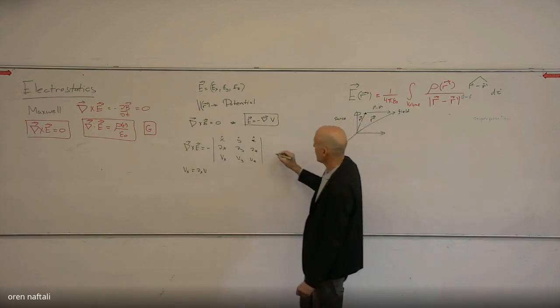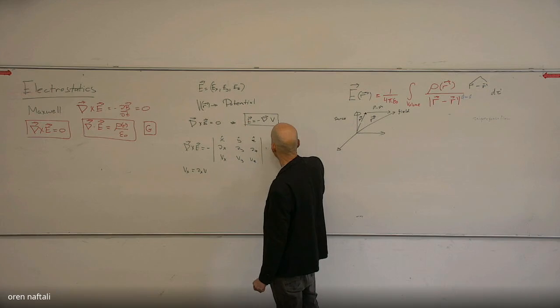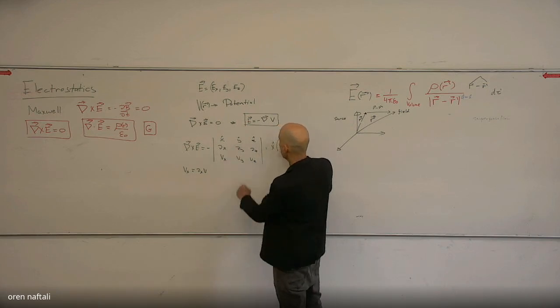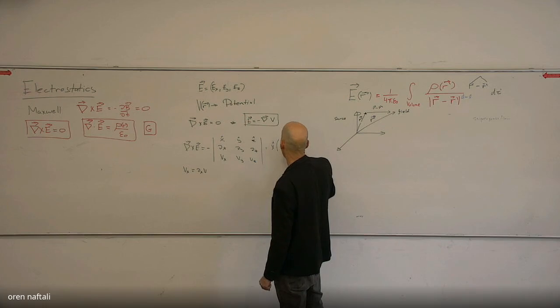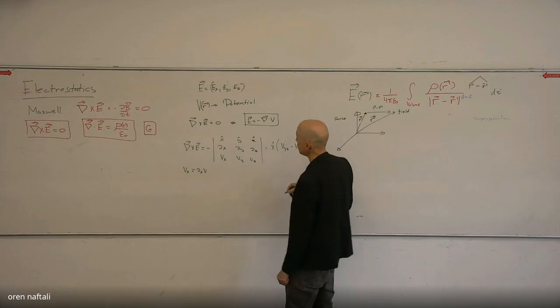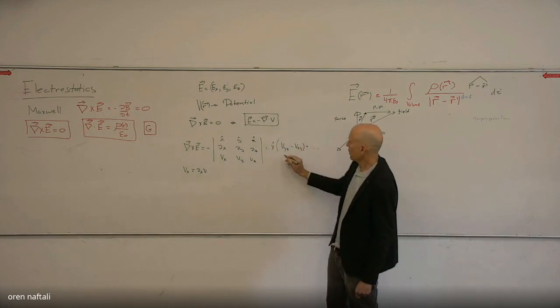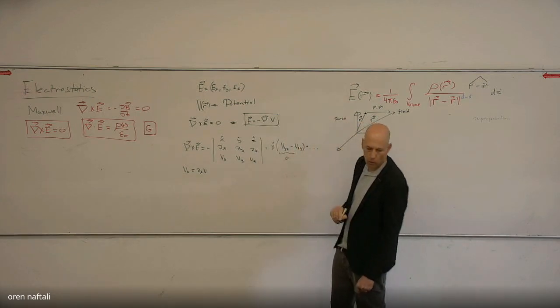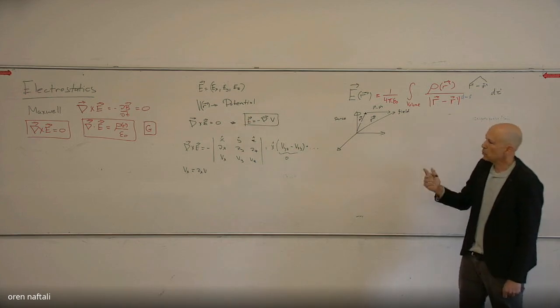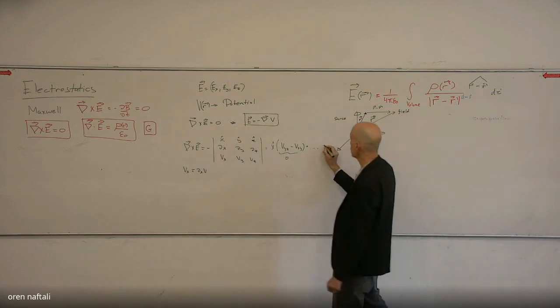Then, for example, this curl in the x direction gives you Vyz minus Vzy. There are other terms which I'm not going to bother with, but this is obviously equal to 0. And this is exactly what we require.